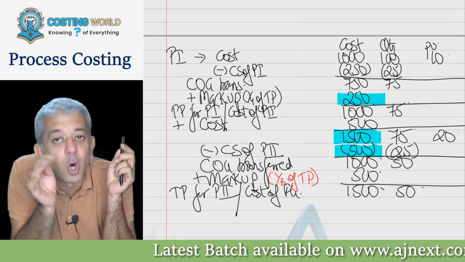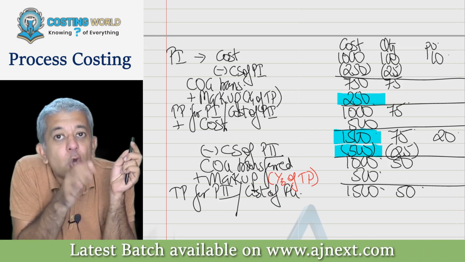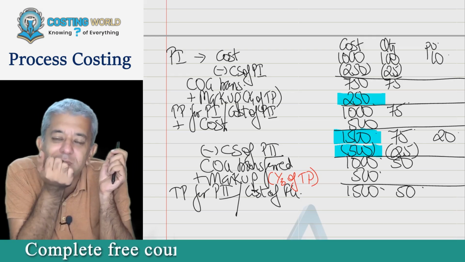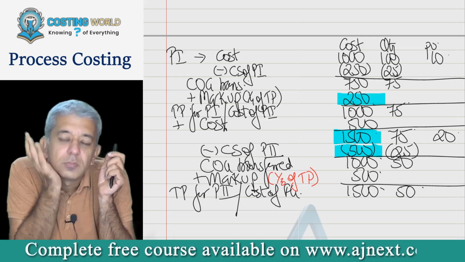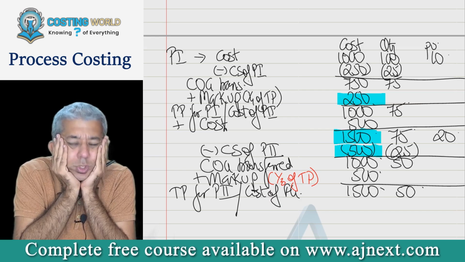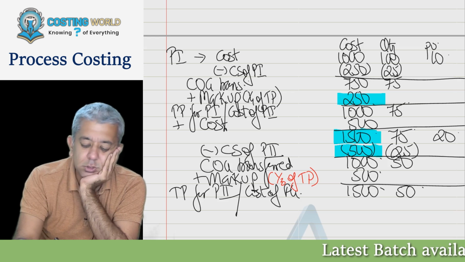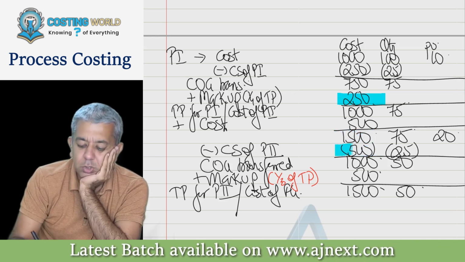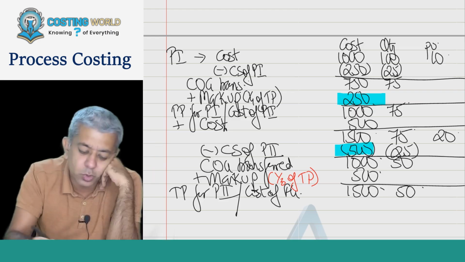Yes. Beta, your stock includes your department's profit also, so therefore it is not at cost, no? Yes, sir. You all understand this? Okay. So in this case, this 500 is at cost to department 2, but it is not at cost to the company.